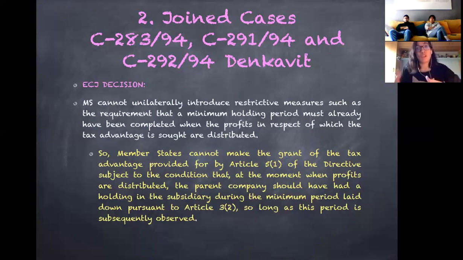So the conclusion of the ECJ is that member states in their domestic legislation cannot prohibit the application of the benefits granted in the directive on their own.